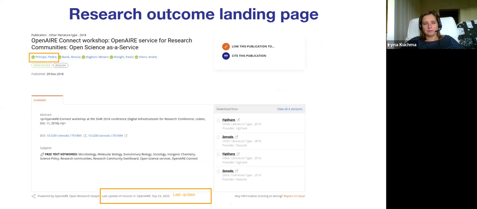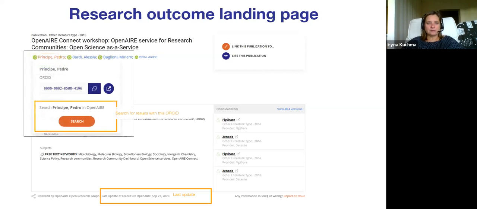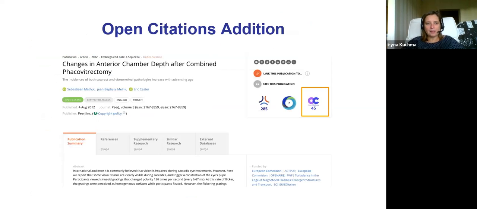We're connected to ORCID, so you can click on one of the authors and search for all the publications from that author. We also integrated the Initiative for Open Citations, so you can also see which articles are cited in this article and who is citing this article as well.